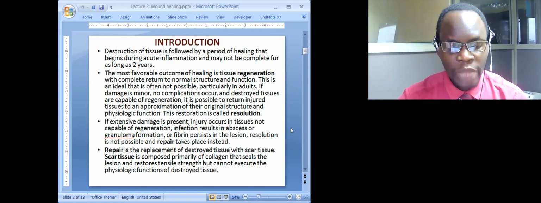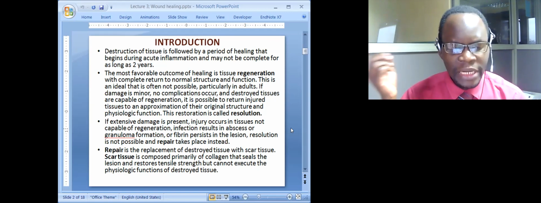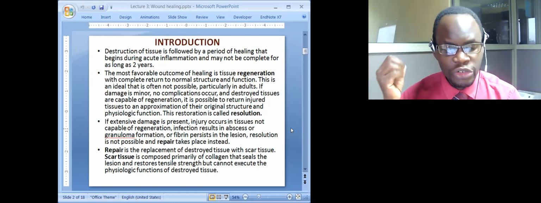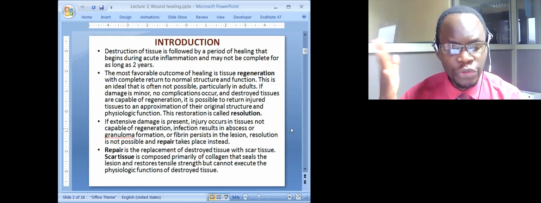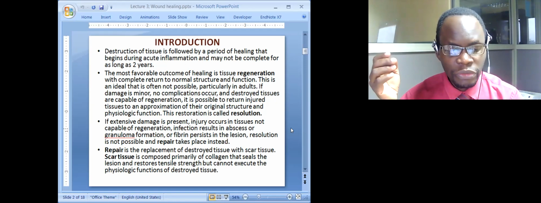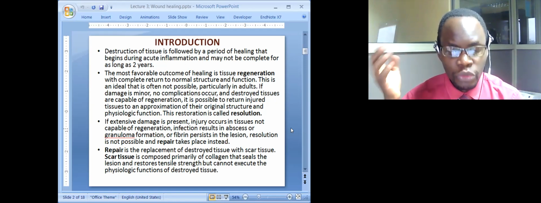Now, if the damage is minor, and you don't have any other complications, and the destroyed tissue is capable of regeneration, then it is possible to return to approximate normal function. And this is what we refer to as resolution.